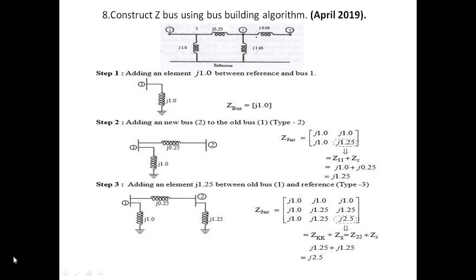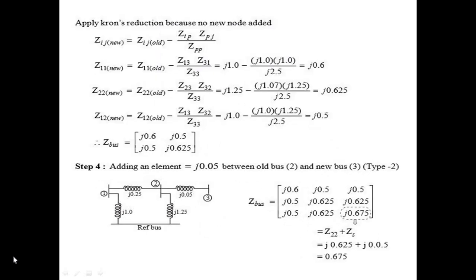Then Z bus equal to a 3 by 3 matrix: j1.0, j1.0, j1.0; j1.0, j1.25, j1.25; then third row j1.0, j1.25 and j2.5. Then Zkk plus Zb equal to Z22 plus Zb, that is j1.25 plus j1.25, equal to j2.5. Apply Kron reduction because no new node is added.